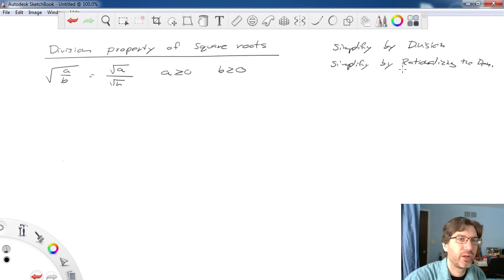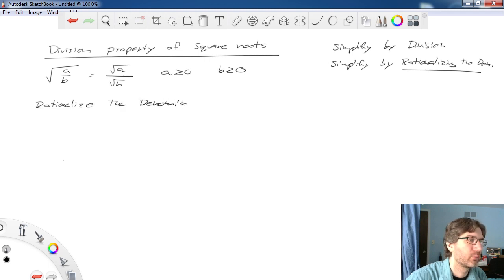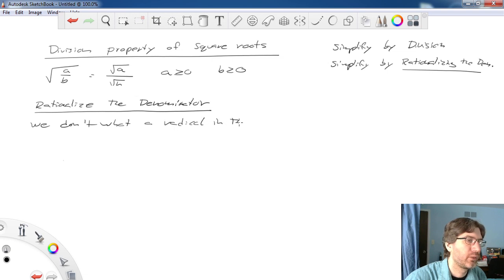So when it comes to rationalizing the denominator, this whole thing is we don't want a radical in the denominator.